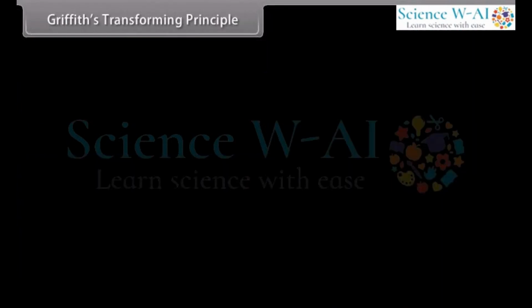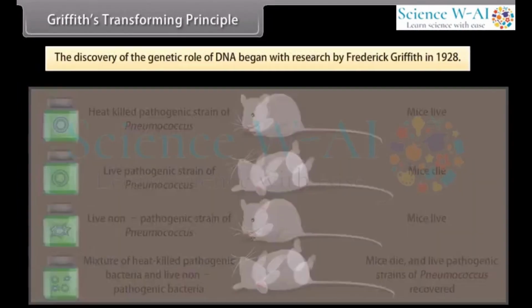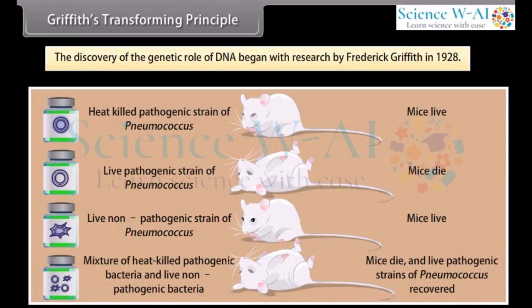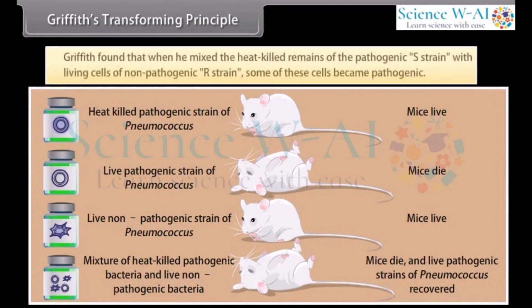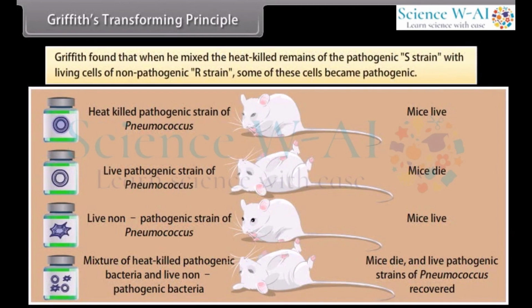Griffith's transforming principle. The discovery of the genetic role of DNA began with research by Frederick Griffith in 1928. Frederick Griffith worked on 2 strains, pathogenic and non-pathogenic, of Streptococcus pneumoniae. Griffith found that when he mixed the heat-killed remains of the pathogenic S strain with living cells of the non-pathogenic R strain, some of these cells became pathogenic.